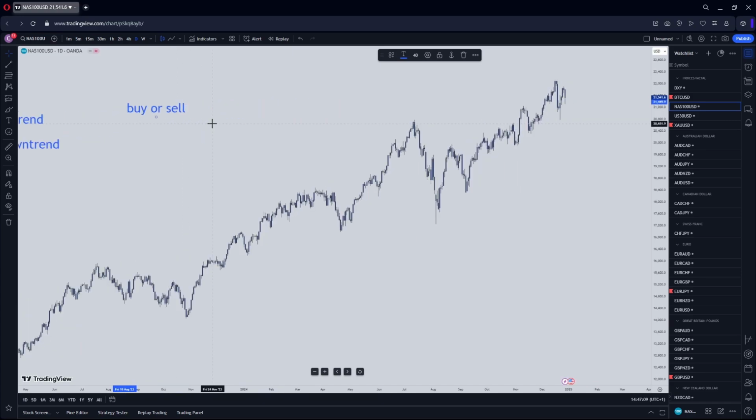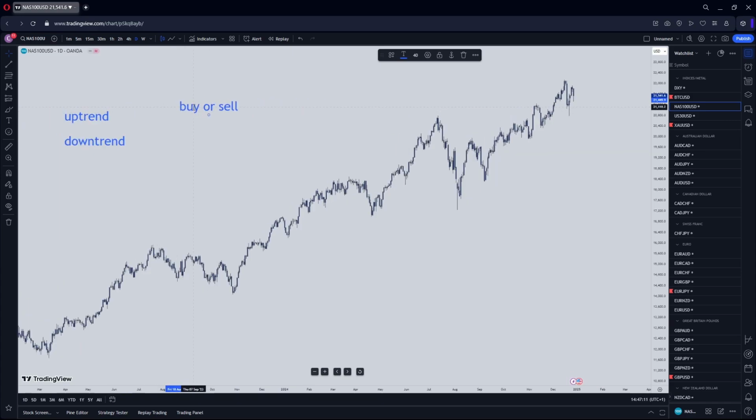Good. Now, when we talk of the uptrend, we know that it is buys. When we look at the downtrend, we know it is sells. What that entails is that when the market is in an uptrend, the market is making higher highs.